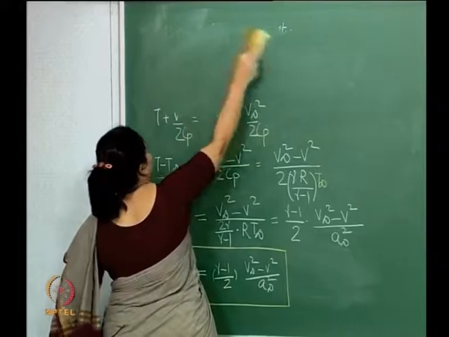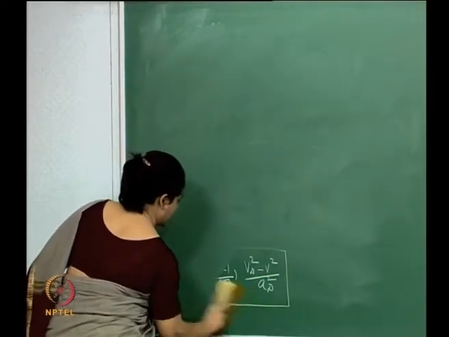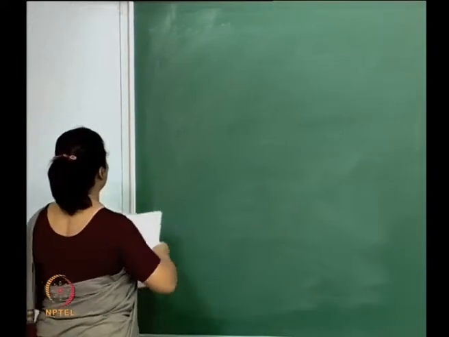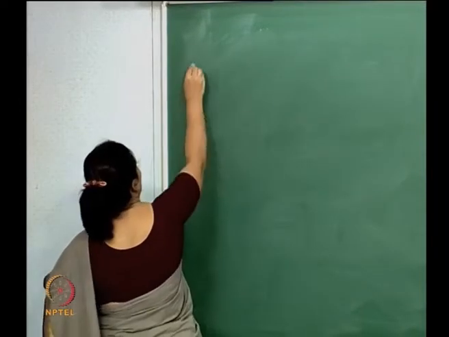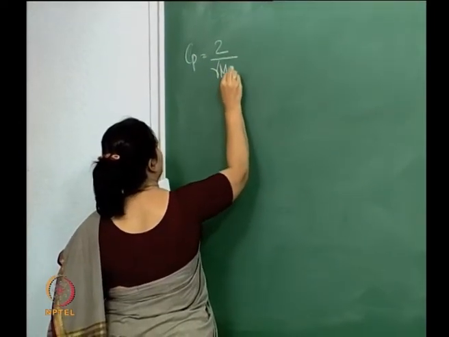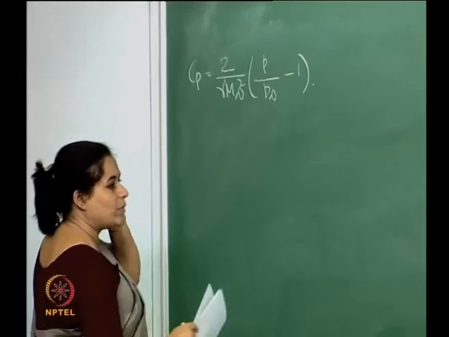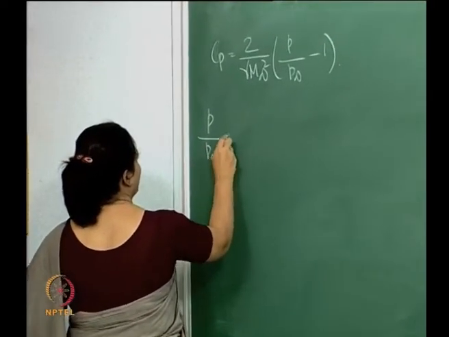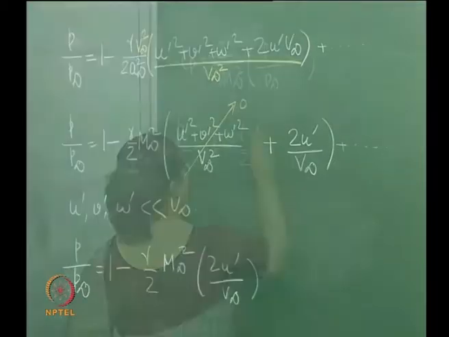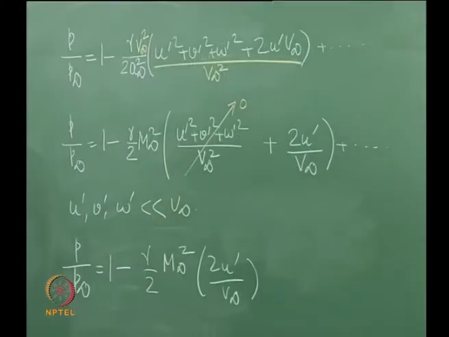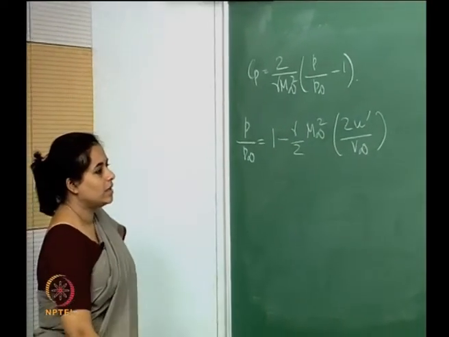Okay, so Cp, now Cp was essentially this was my Cp expression, and what I have got now is that P by P infinity is 1 minus gamma by 2 into M infinity square, right, into this is what we get, right? This is what we get.